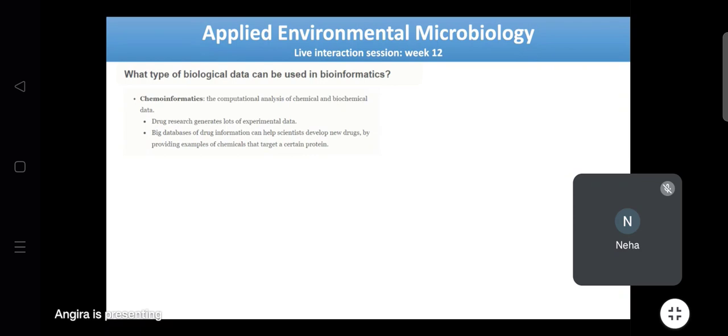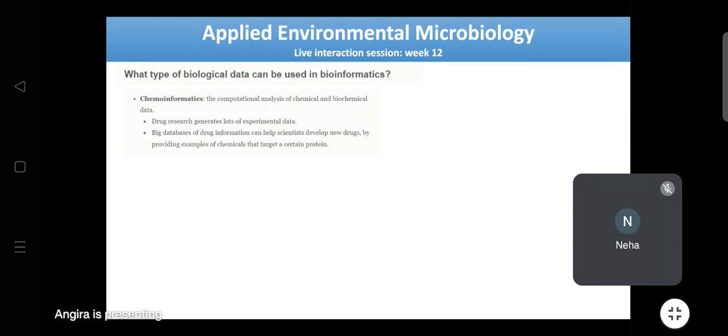So basically it's about drug research, and the big databases of drug information in different parts of the world can help scientists to develop new drugs by providing examples of the chemicals that target a certain protein.